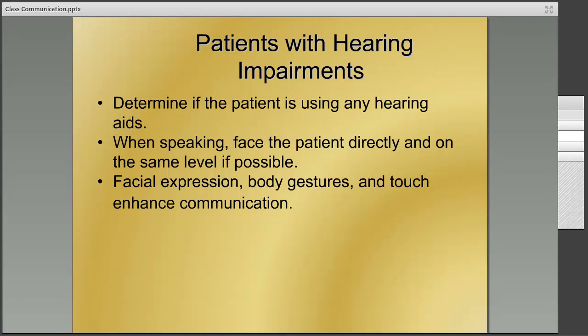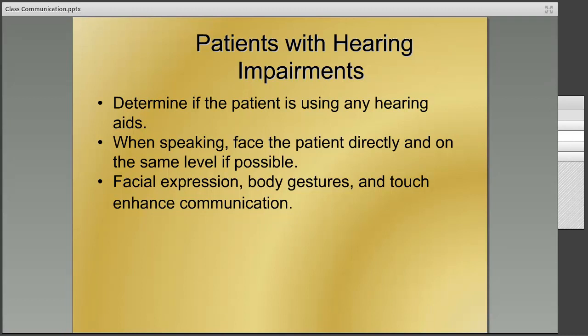So again, that can change their level of hearing from when you called them to when they're a patient on your table. Facial expressions, body gestures, and touch enhance the communication. You might need to offer them some paper and a pen so that they can write.